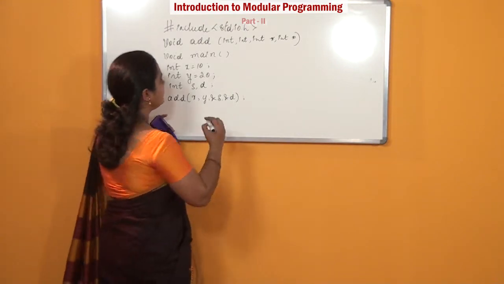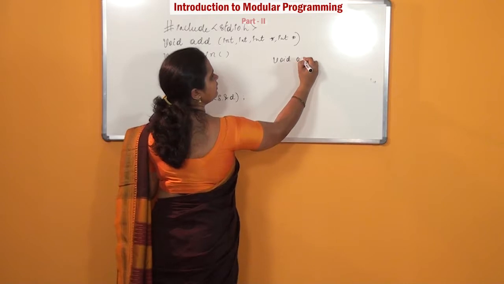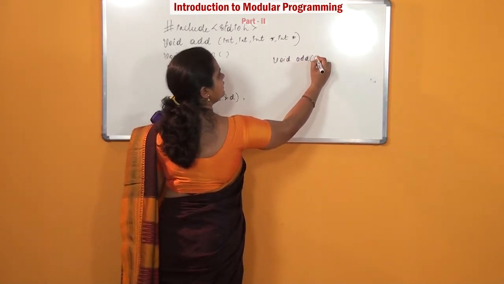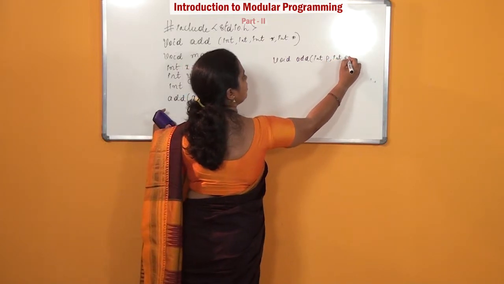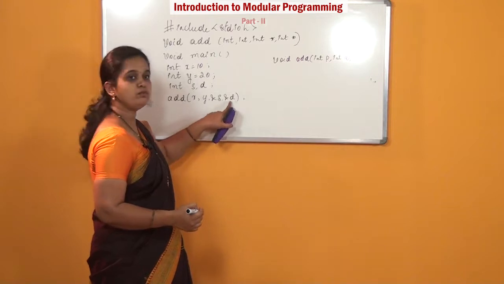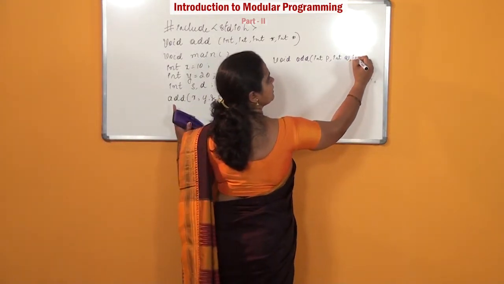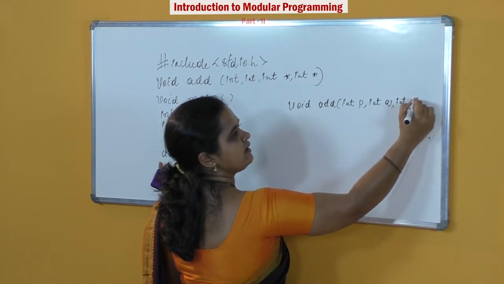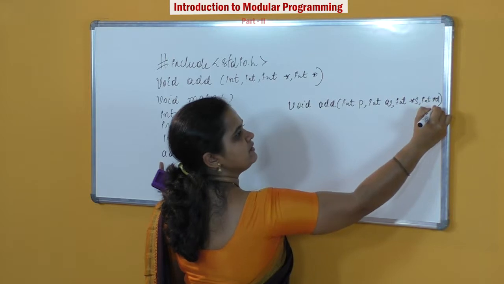So now the return type is of course void, not returning anything, and then here it is int p and int q that it is getting. There are two more variables that have to be passed here, int star s, int star d.